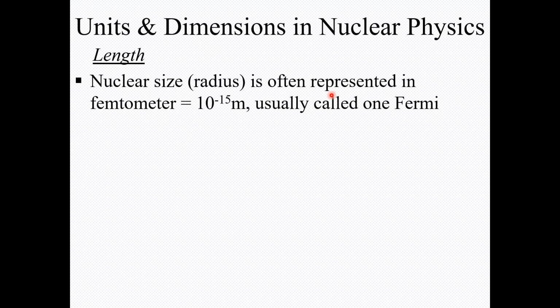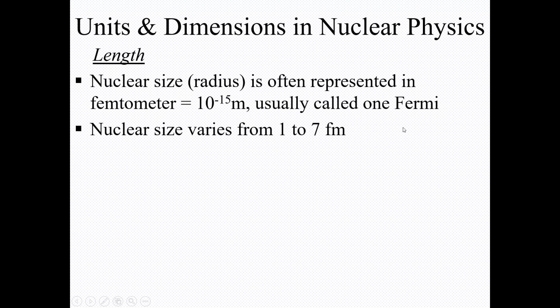Nuclear length or nuclear radius, or we can also call it nuclear size, is often represented in femtometers in nuclear physics. So 1 femtometer is equal to 10 raised to the power minus 15 meters. That is also called 1 Fermi. Fermi is the name of this unit in honor of Enrico Fermi, a famous physicist.